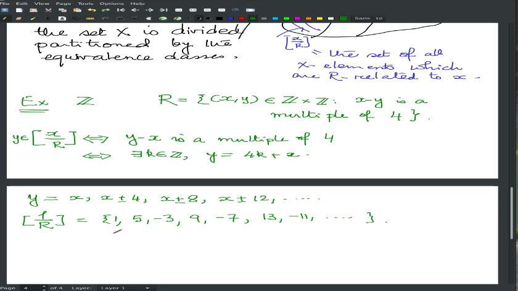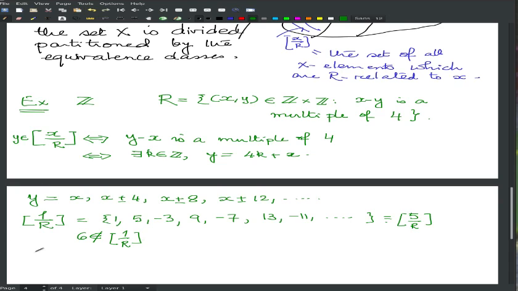So if you observe, 6 is not there. Okay? Also observe, this is same as 5 by r.